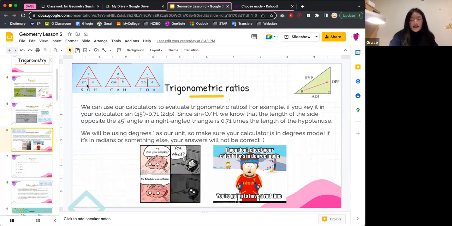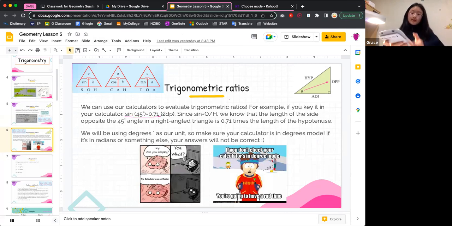All right. Here we've got a little bit more on trigonometric ratios. Given the size of an angle, you can use your calculator to work out the ratio of two other sides. For example, here I've got sine 45 equals 0.71.